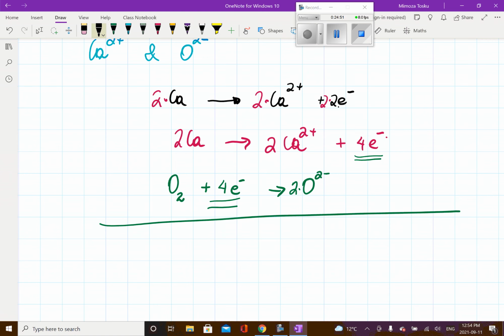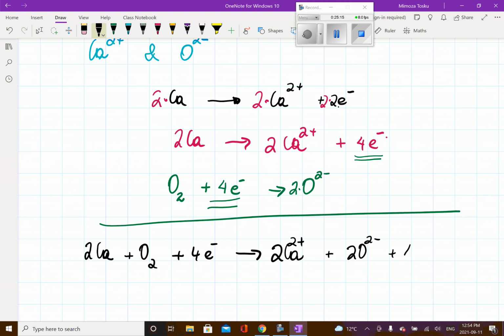I will write everything: 2 calcium plus oxygen plus 4 electrons gives as product 2 calcium 2 plus, 2 oxygen 2 minus, plus 4 electrons.